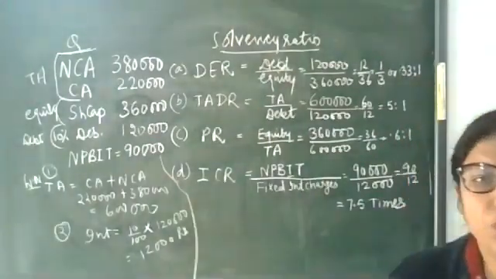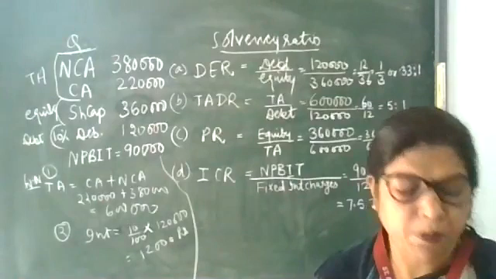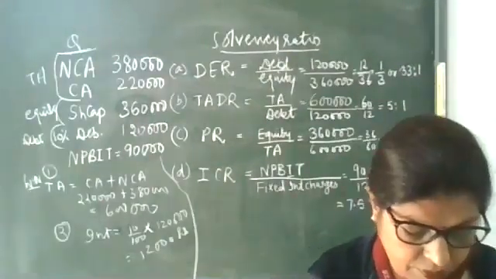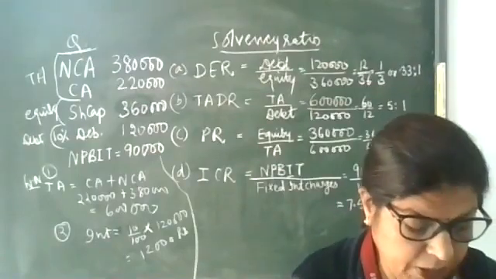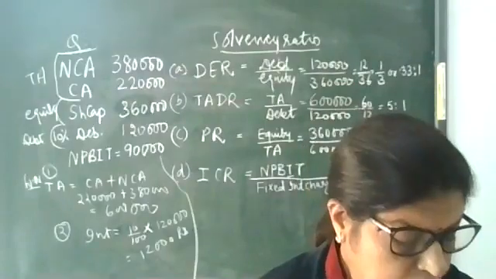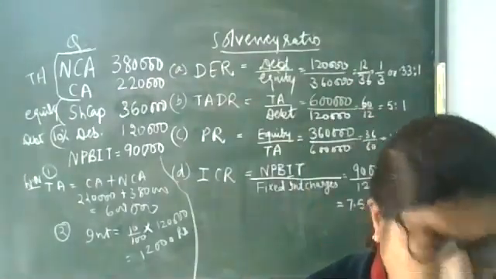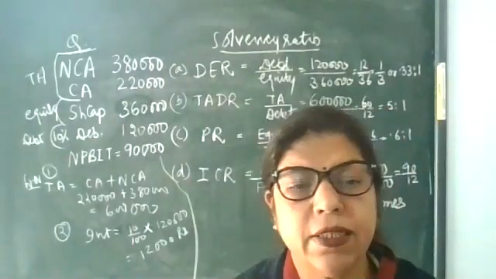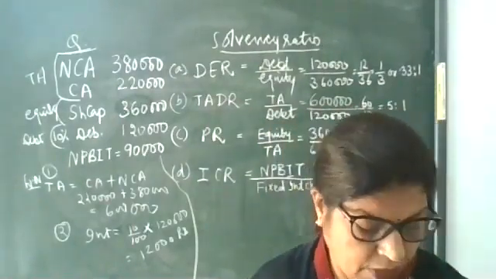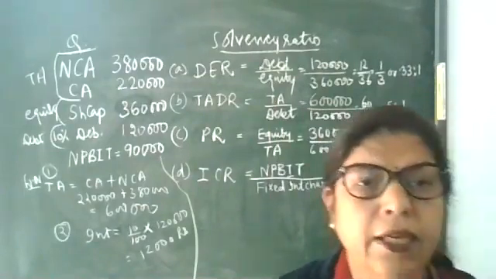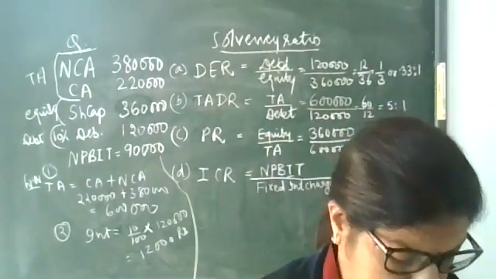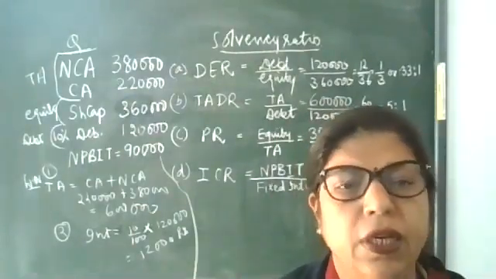Now I am giving you one question for practice. Please note down. Then you will be able to do it in detail. 12% debentures, 50,000. 10% long-term loans, 1,50,000.